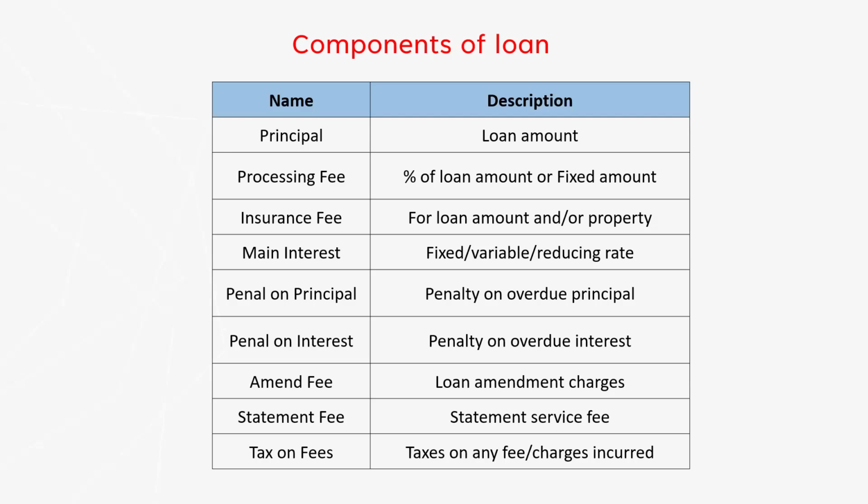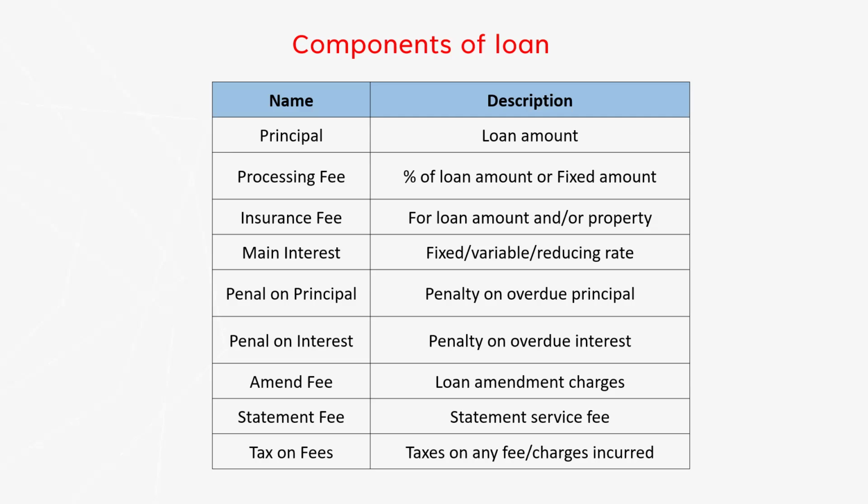And insurance: if it is a mortgage, then it will have property insurance, and then loan insurance. Suppose the customer is deceased, then the entire principal amount can be recovered from the insurance companies. For that, they opt for insurance.